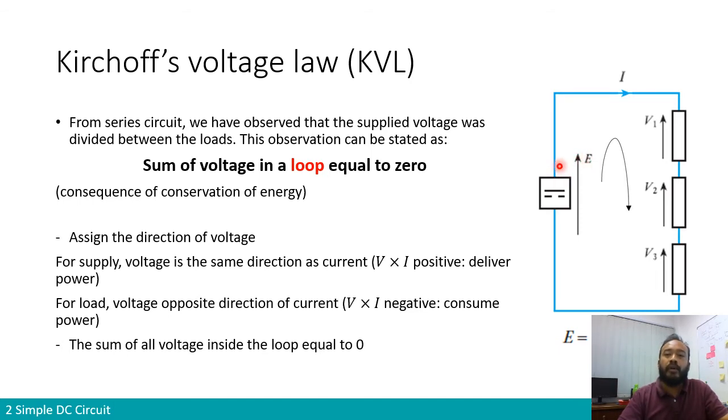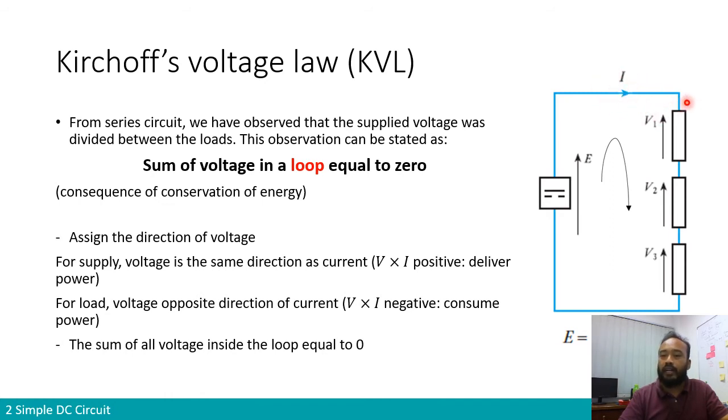So in relation to current, if you have, for example, this kind of DC supply where the EMF is in this direction, so this is the negative terminal, this is the positive terminal, you have current getting out of it. So the EMF is in the same direction as the current, but for the load that consumes the energy, the direction of the potential difference is in opposition to the direction of current. Why?